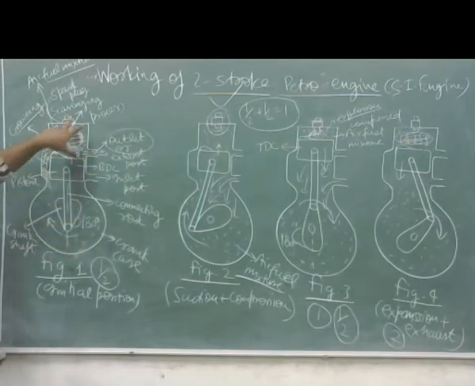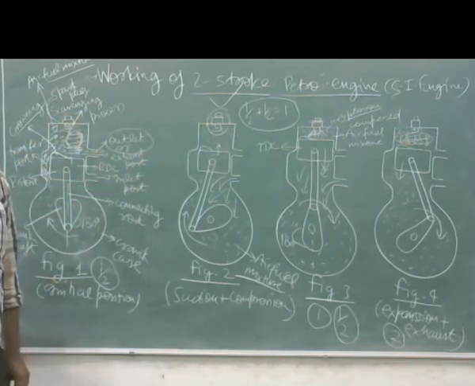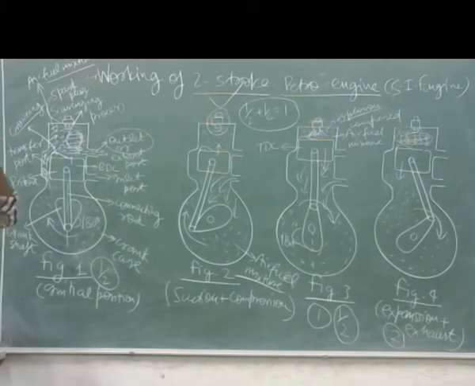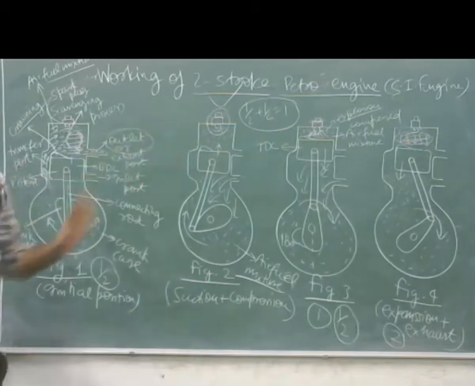First is replace the fuel injector by a spark plug, and second is replace fresh air by air fuel mixture. So this is all for the working of the two-stroke petrol engine. The other diagram is almost similar to the diesel engine.